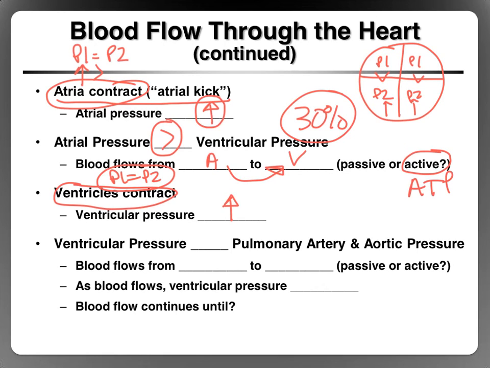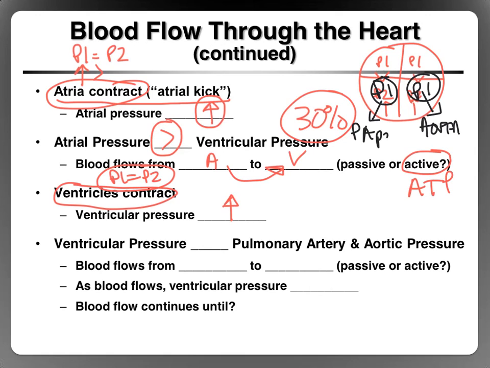So as the pressure in the ventricles rises, we get a pressure gradient between the ventricle, the right ventricle, and the left ventricle, so what we get here is the new P1 is ventricles. P1 is always the higher of the two pressures.